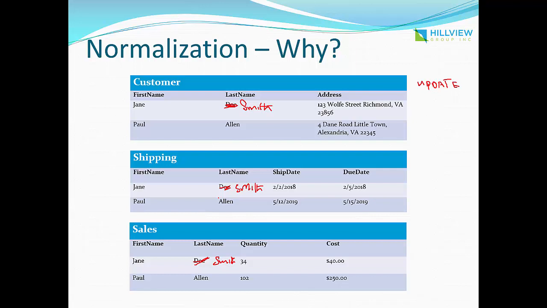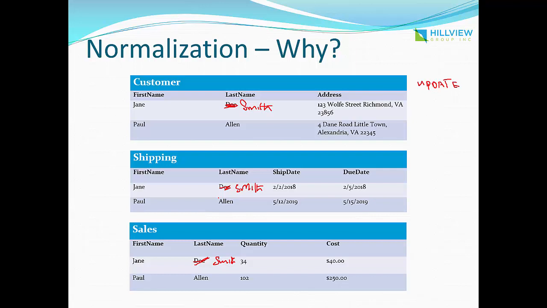To make any change to data that is stored redundantly, you will need to track all the fields where you have that data point stored. In our case, we will need to track all the tables where we store last name and change that in all those tables.